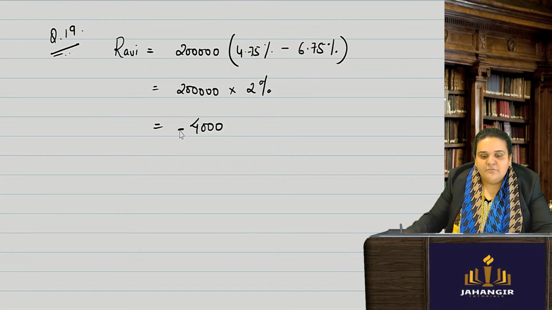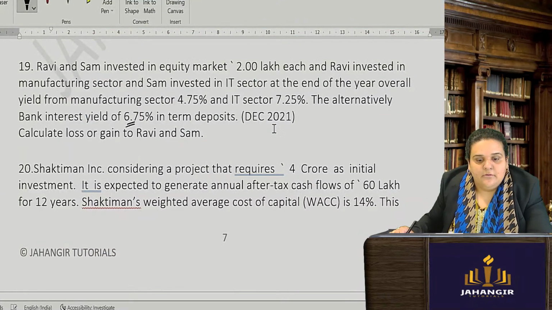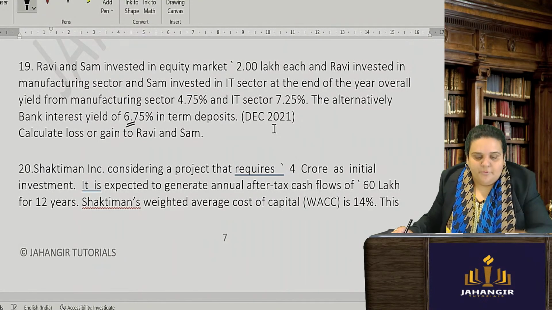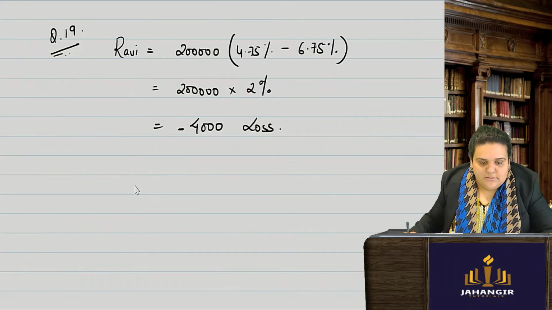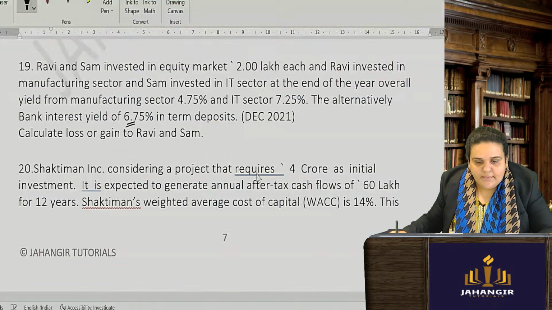But this 4,000 will be minus loss. He has invested in the manufacturing sector, which is giving 4.75 only. If he would have invested in the fixed deposit, term deposit, he would have got 6.75. So Ravi is having a loss. Similarly, I will do of Sam. Sam also invested 2 lakhs. But in case of IT, he is getting 7.25.